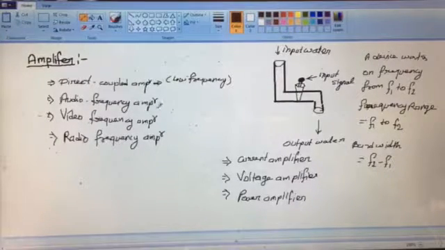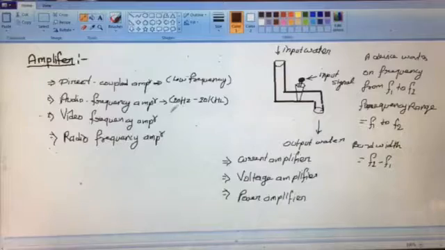In the case of an audio frequency amplifier, the signal is from 20 Hz to 20 kHz. It means the frequency range is the audible frequency range of human beings, that is 20 Hz to 20 kilohertz.